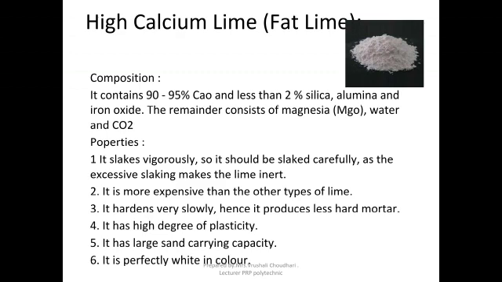It hardens very slowly and produces a less hard mortar. It has a high degree of plasticity, meaning we can convert it into different shapes and sizes, different beautiful structures. It has a large sand carrying capacity, and it is perfectly white in color.